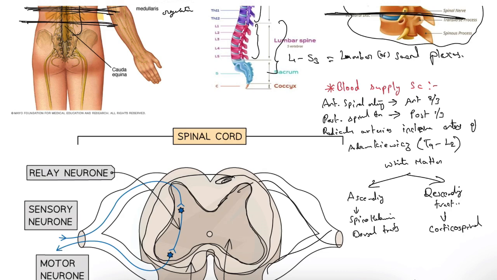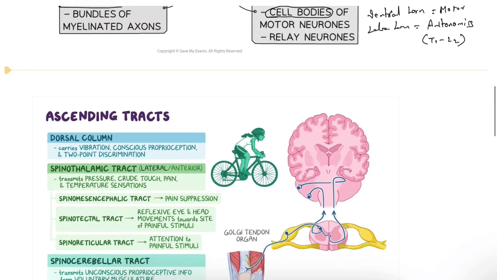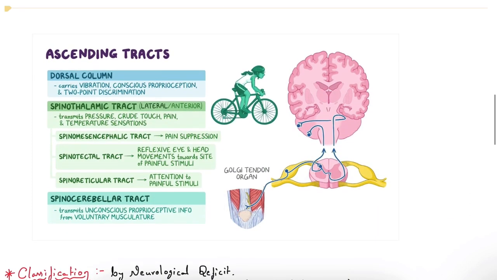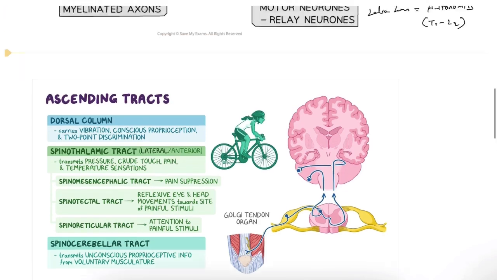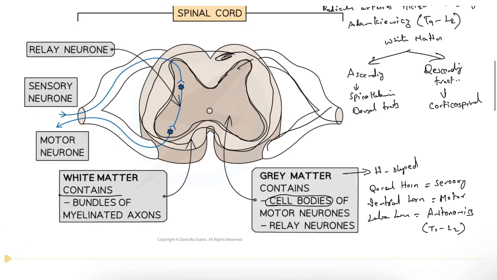Now we are going to discuss the tracts. I already told that in the white matter of the spinal cord we can see two types of tracts, ascending and descending. For the ascending tract, you have to focus on sensory, because its main function is sensory.